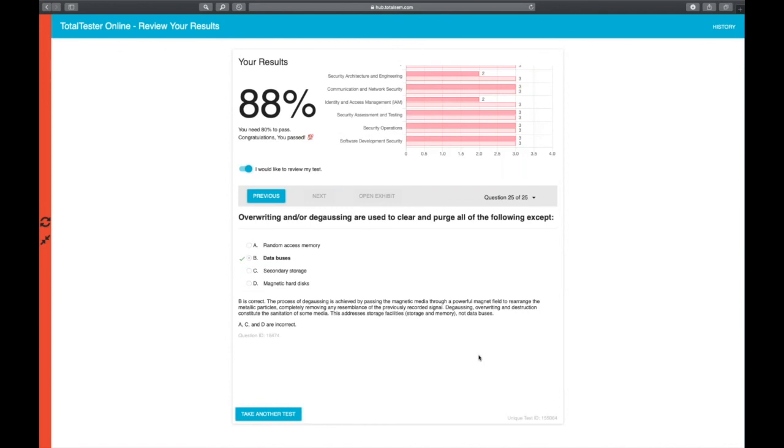Degaussing, overwriting, and destruction constitute the sanitation of some media. I would not put overwriting in the same category as degaussing and destruction. This addresses storage facilities, not data buses. Storage facilities are storage and memory.